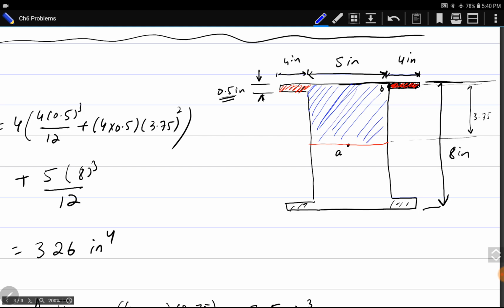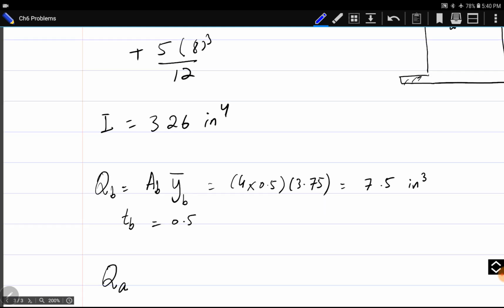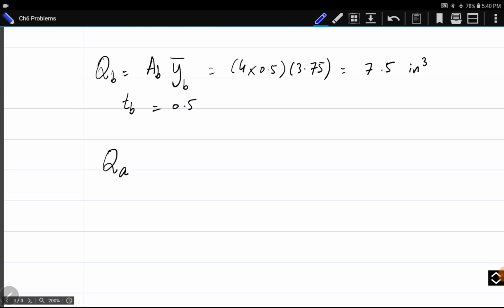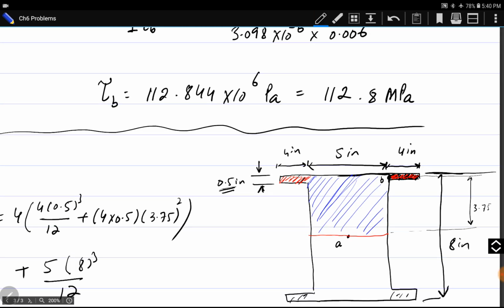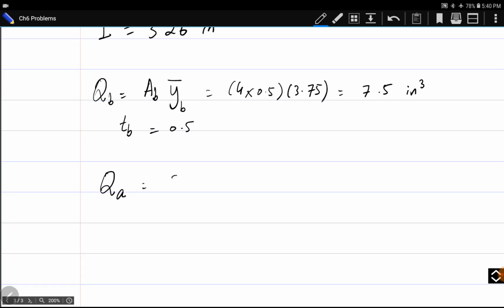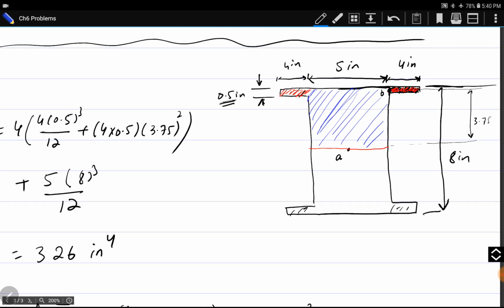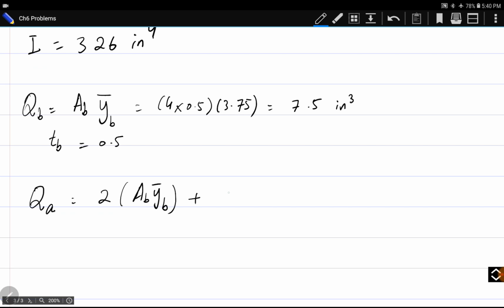The area highlighted in red color is the same area which we used for QB. There are two portions in the red color, so we will use 2 times area B YB, plus this portion in the blue color, which is a single area.